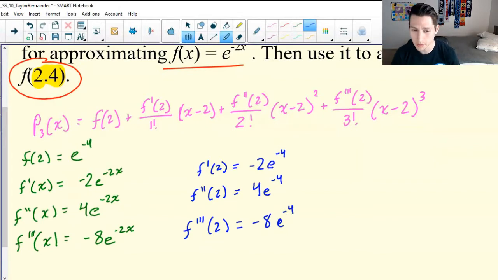Since the exponent part doesn't change, because our function is e to the u, the only part that changes is the coefficient that I get from using the chain rule.